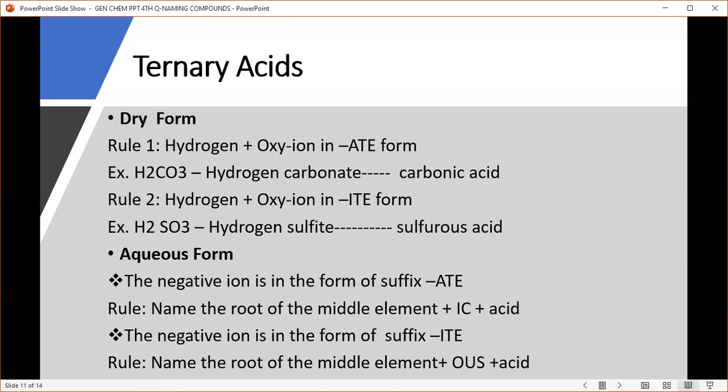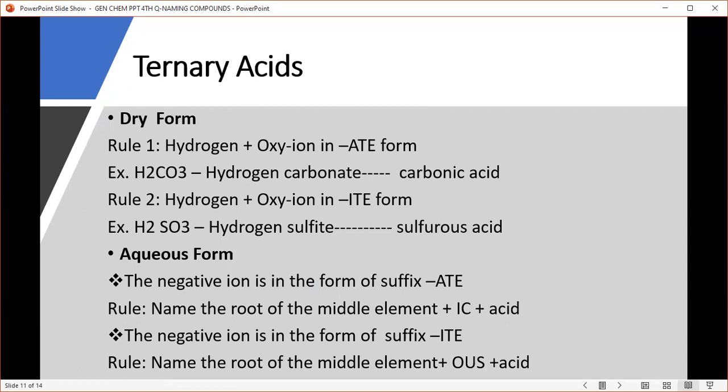CO3, if you try to locate it, that is CO3 with our overall charge of -2, that is carbonate. So hydrogen carbonate. So again, carbonate is our CO3. Okay, so please kindly remember that.